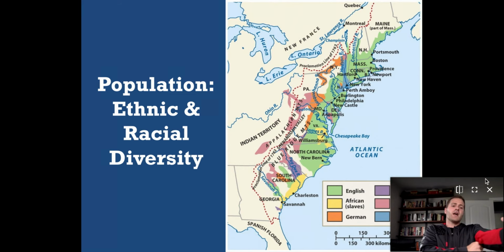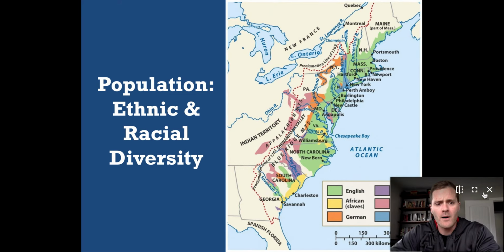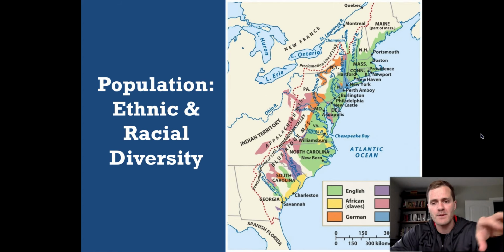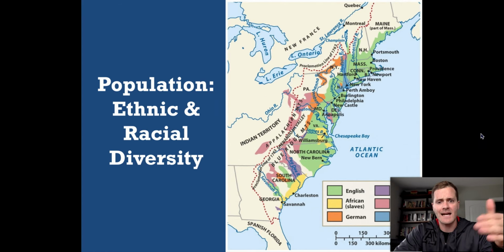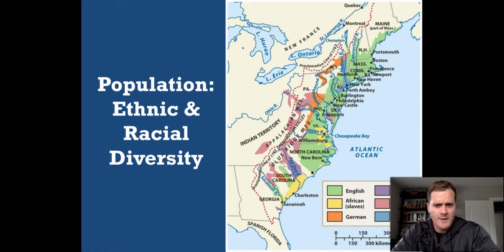Now, what that's going to create is a significant amount of population that exudes some diversity ethnically, some diversity racially. We see a heavy British influence. Is the green here on the Atlantic seaboard, in New England, which is the Northeast, in the Chesapeake, which is here, and then in what becomes known as the Southern colonies, which are down here.